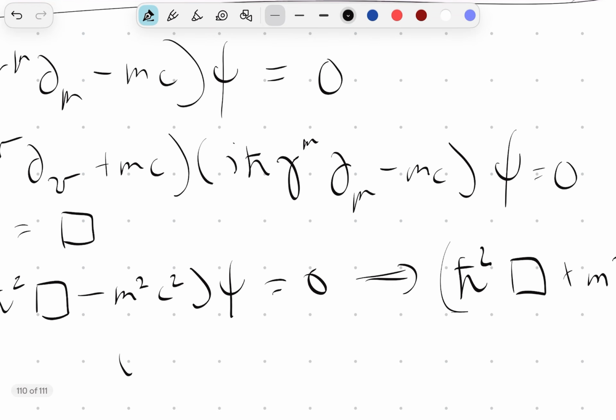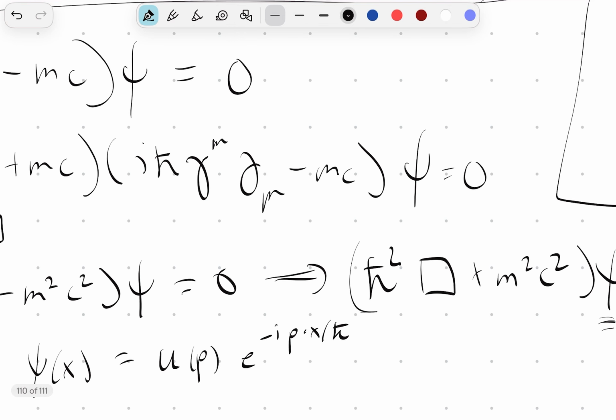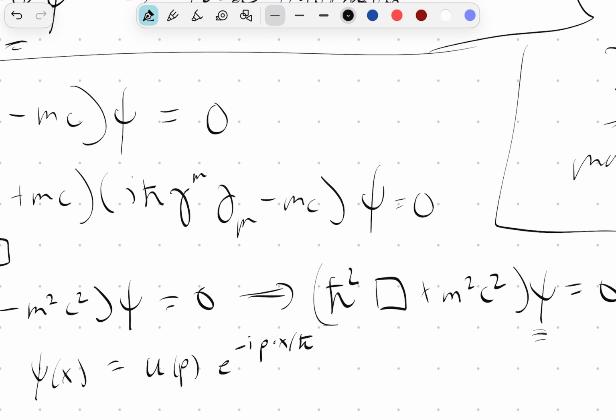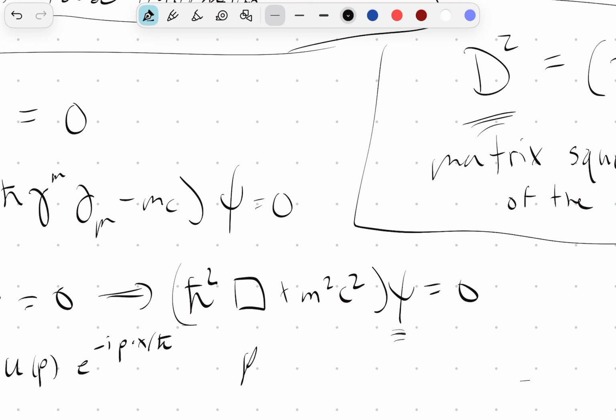For a plane wave solution, your spinor will look something like some function u times e to the minus p x over h bar, and that'll immediately give you your mass shell condition.